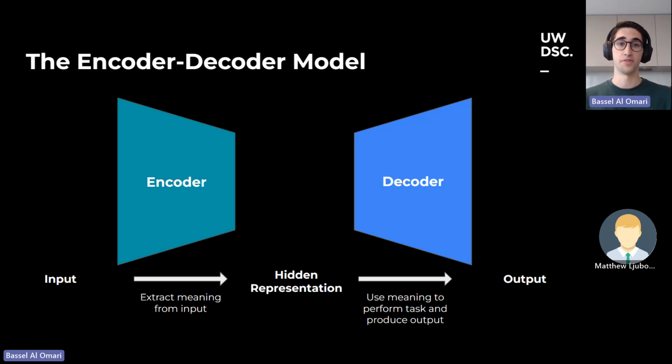It consists of an encoder, which takes in your input and extracts the most important information and the meaning from that input. And then the second part is the decoder, which takes that meaning, takes that important information, and uses it to produce your desired output.